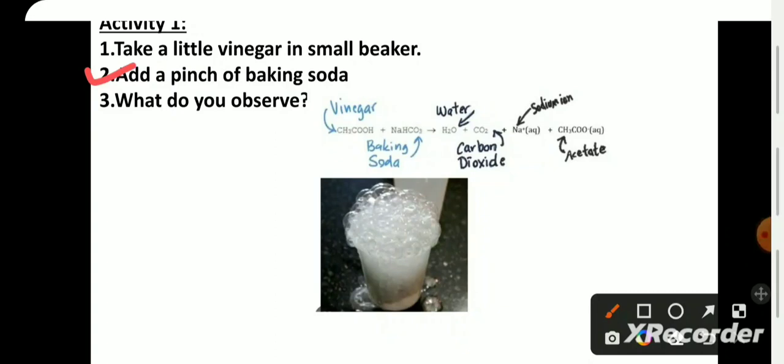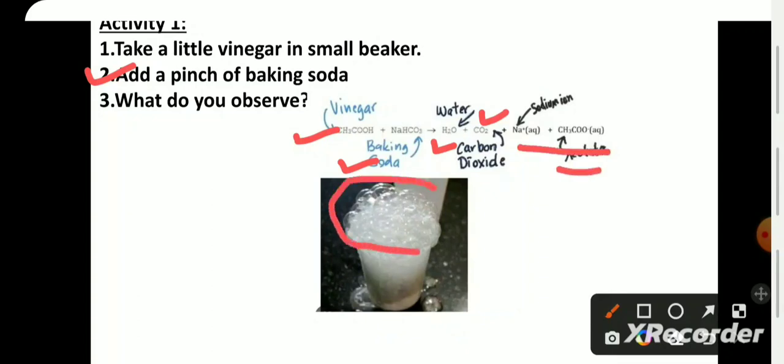Vinegar is acidic as it contains acetic acid, and baking soda is a base. So when vinegar is mixed with baking soda, it will form water, carbon dioxide and sodium acetate, that is sodium ion and acetate ion.